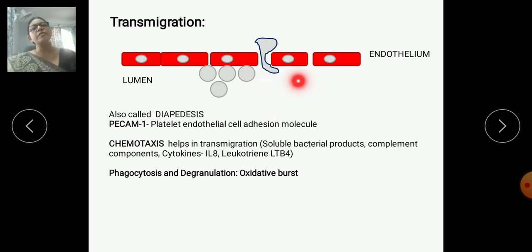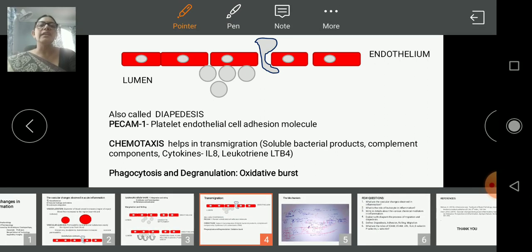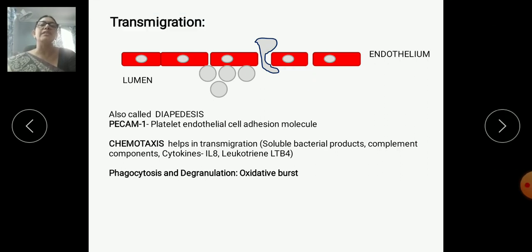The monocytes and the neutrophils move out of this gap and go to the region of injury. This is called diapedesis, and who helps in this movement, or diapedesis? It is PECAM, that is platelet endothelial cell adhesion molecule. Now the question may come to you: why should my neutrophil go to the injured area?